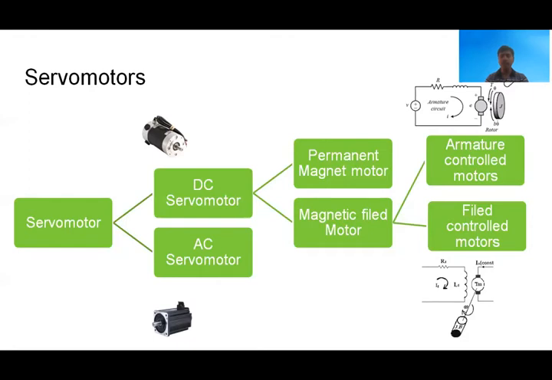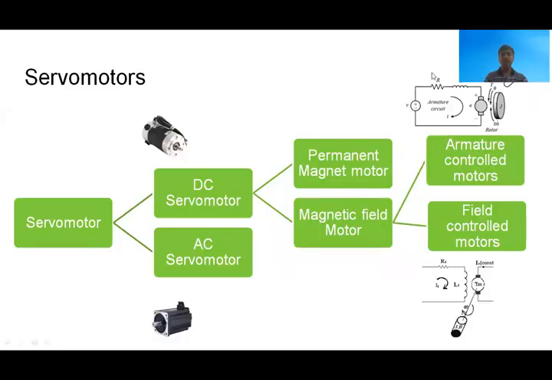But the drawback of the permanent magnet motors is that the permanent magnet is demagnetized due to large current variations. Whereas the magnetic field motor is usually economical for above 1 kilowatt, and it is very similar to the conventional DC motor.